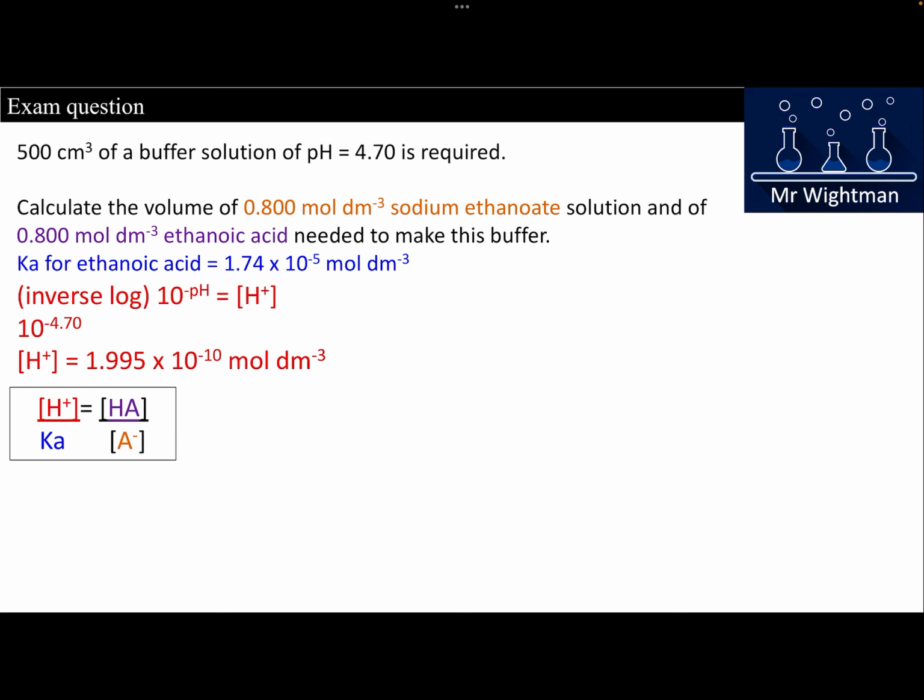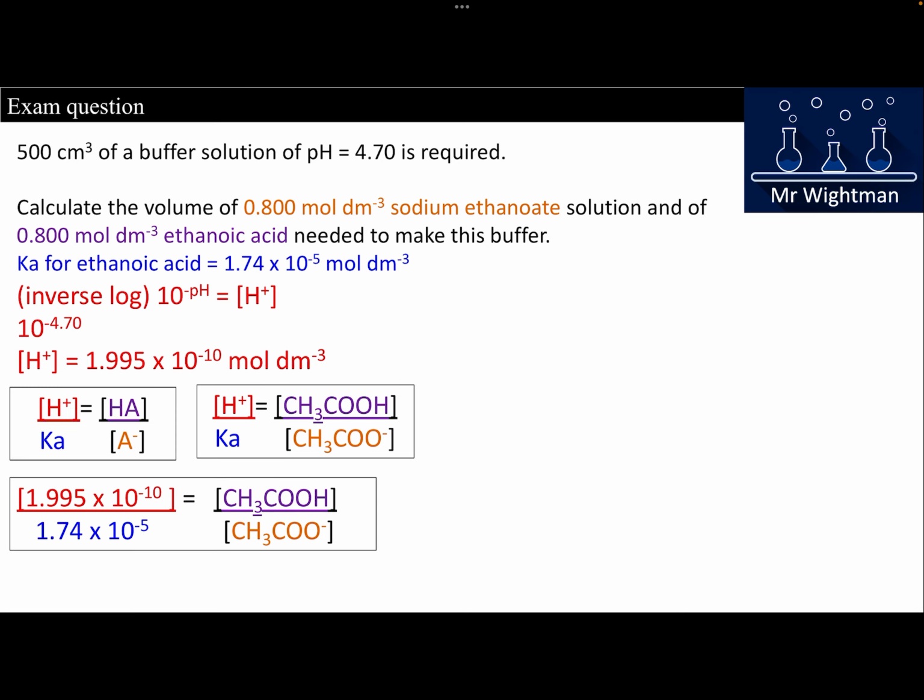H plus over Ka is HA over A minus. So if you did 1.995 times 10 to the minus 10 divided by 1.74 times 10 to the minus 5, you're saying H plus over Ka is for every ethanoic acid per 1 of sodium ethanoate. You could have done the other way, that's fine.